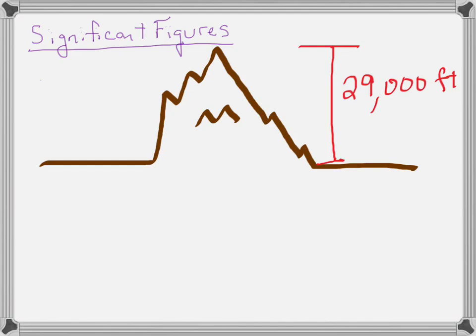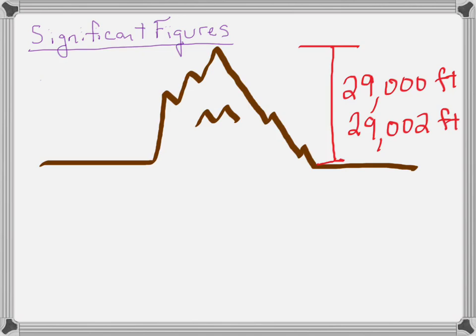So the engineers, instead of telling the government that they measured the height to be 29,000 feet, they said it was 29,002. And all of a sudden, it sounds like a much more accurate measurement of the height of the mountain.